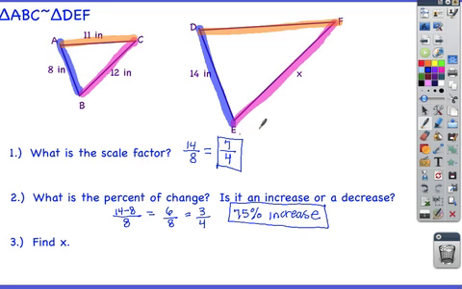And finally, we're asked to find x. So I start by creating a ratio with my pink segments, x over 12 inches, and set that equal to a ratio of other segments that we know to be true, which we see 14 and 8.